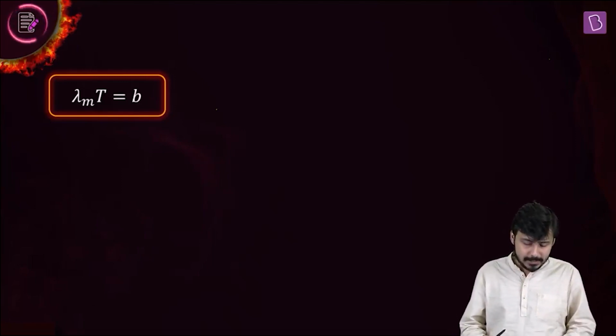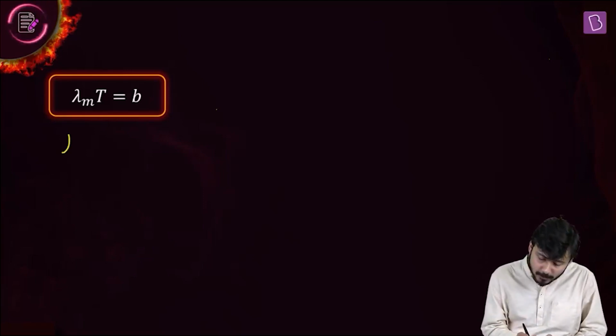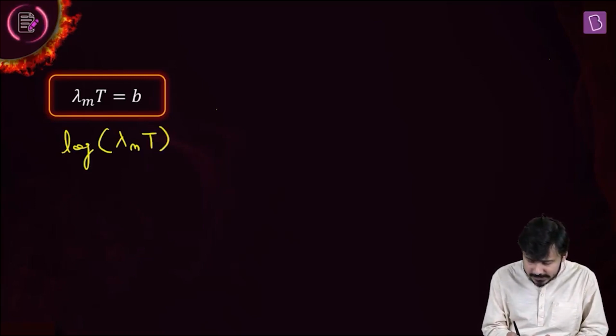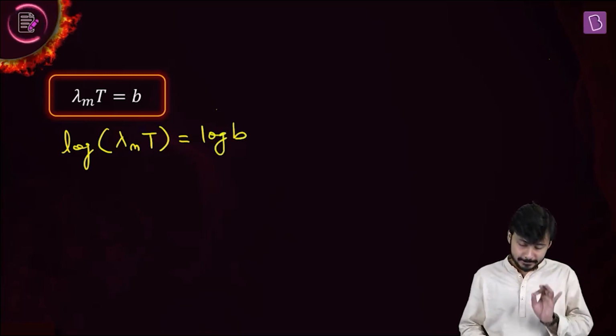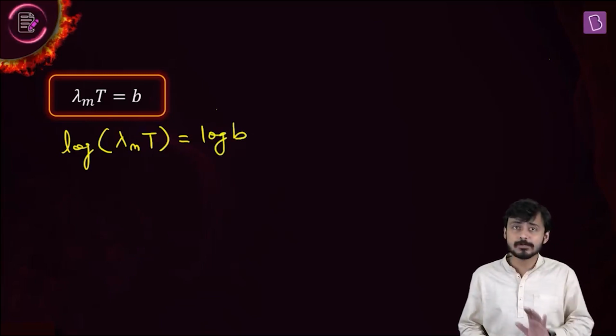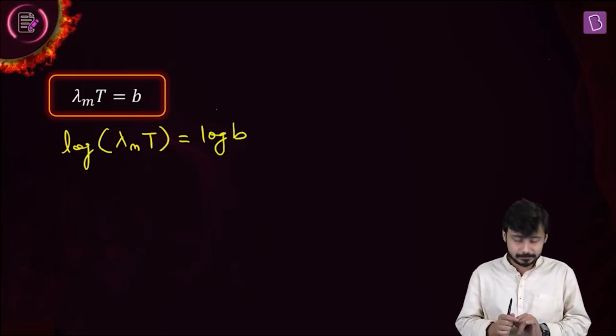Now, to this equation, if we take log on both the sides, log of lambda m into T is equal to log of B, right? B is a constant, so log B will also be a constant. Lambda m varies with temperature, right?